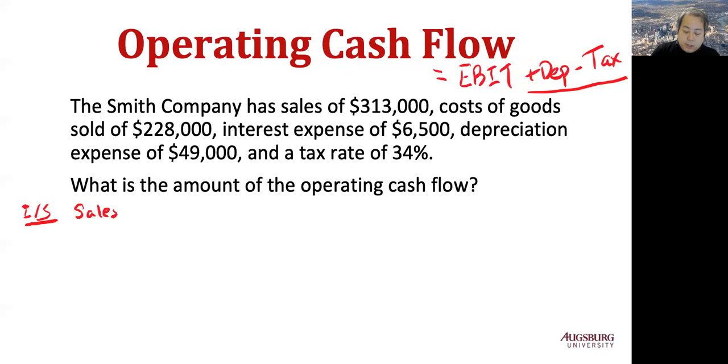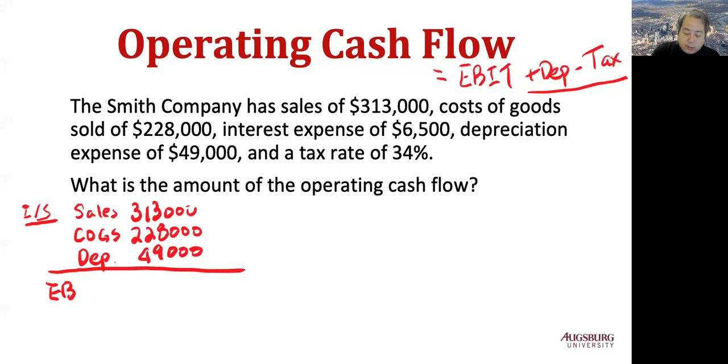Sales is 313,000, and cost of goods sold 228,000, and then depreciation 49,000, and we can get earnings before interest and taxes, sales minus cost of goods sold minus depreciation, $36,000.